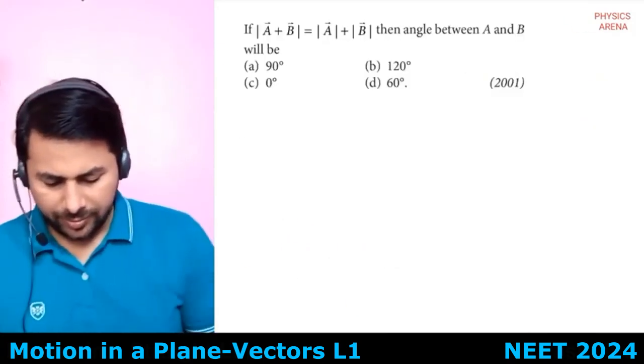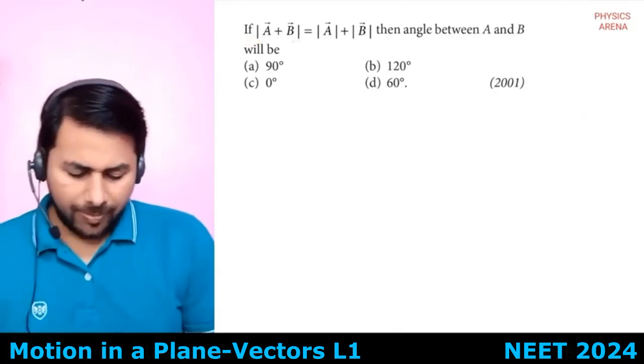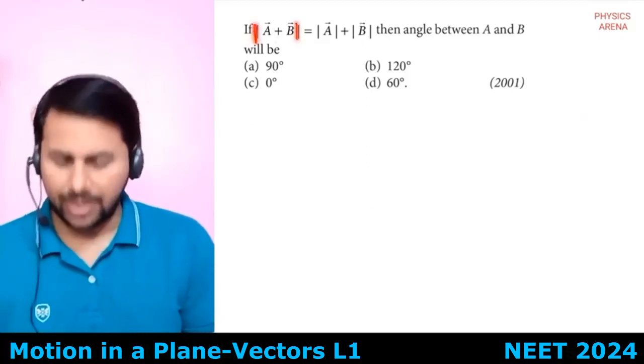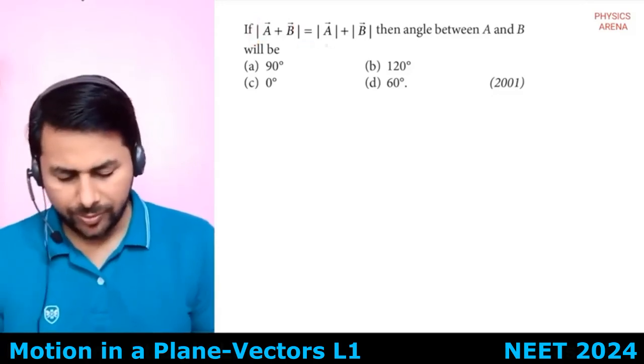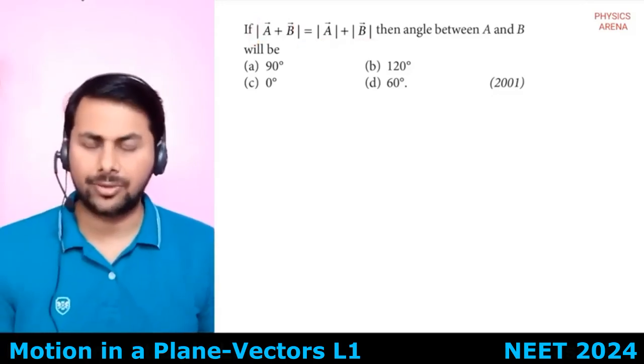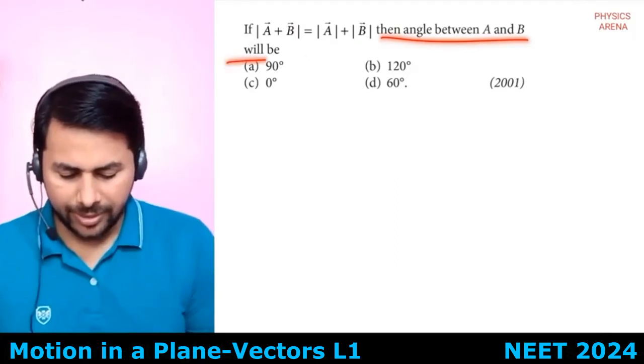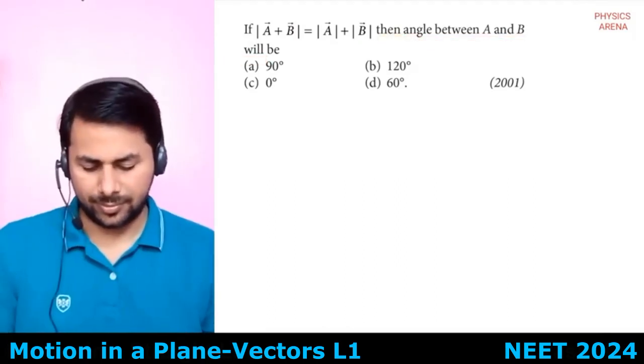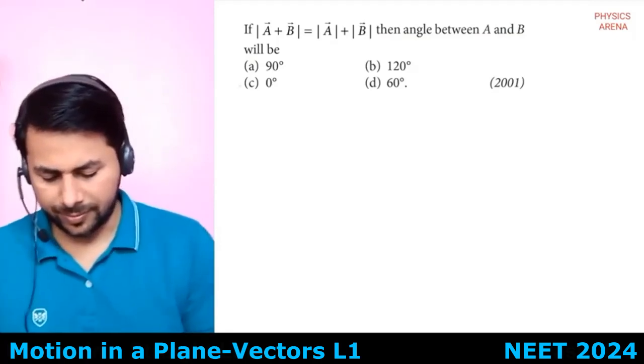Let's see next one. If magnitude of a bar plus b bar is equal to magnitude of a bar plus magnitude of b bar, then the angle between a and b will be? Option C, sir.